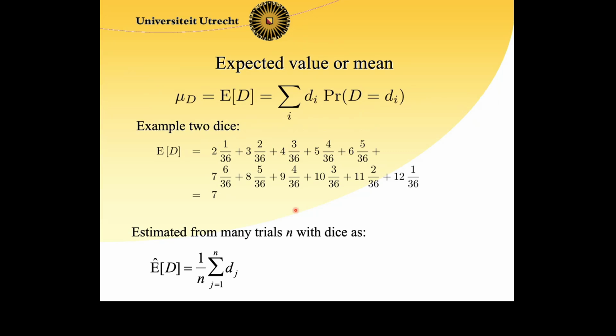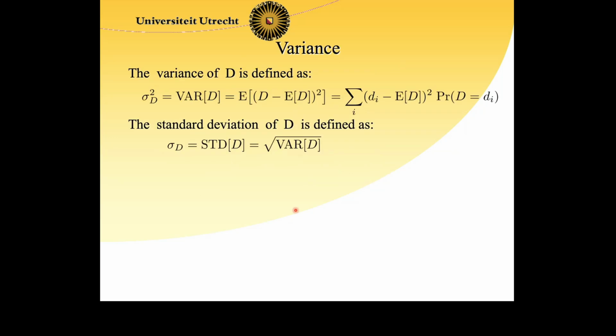That's also a measure of centrality. We already saw that for descriptive statistics the mean can be a measure of the center of mass of the distribution. Likewise, the mean computed with the probabilities is the center of mass of the probability distribution. Now we can also have a measure of spread, which is the variance, which is nothing more than the expected value of the outcome minus the mean, squared.